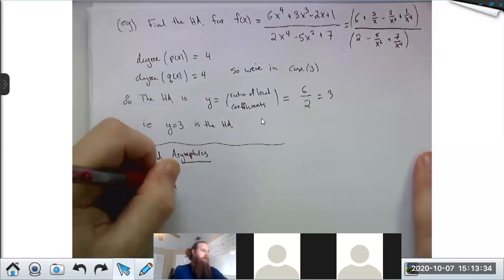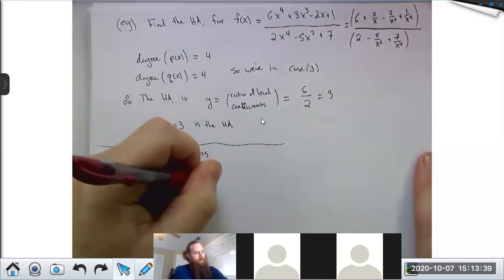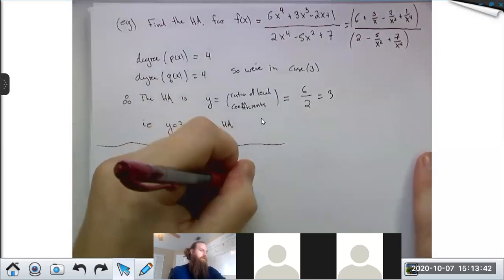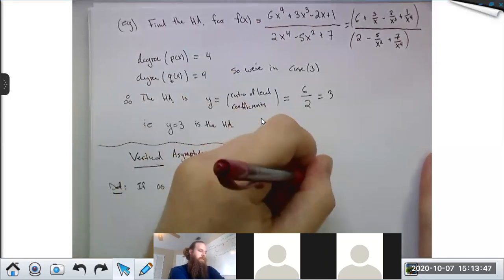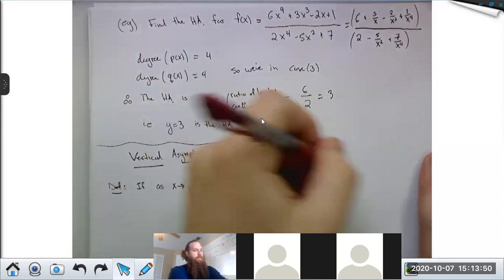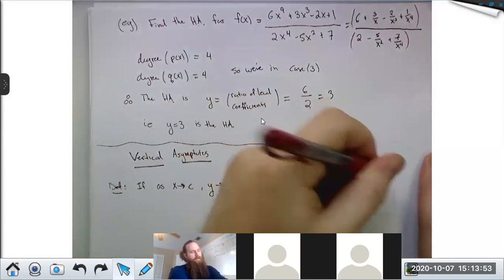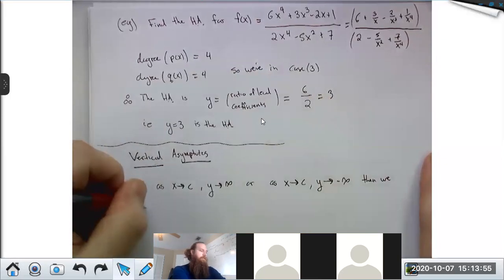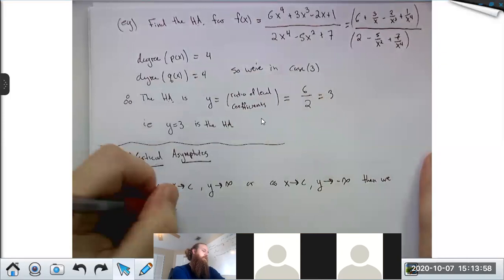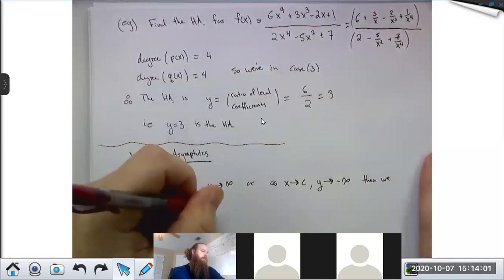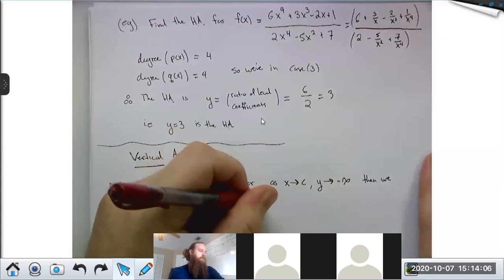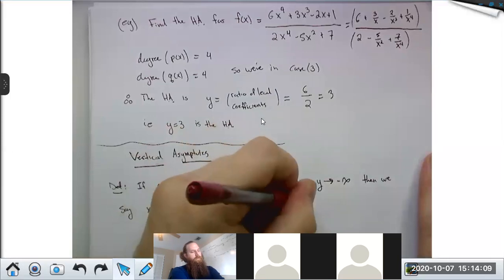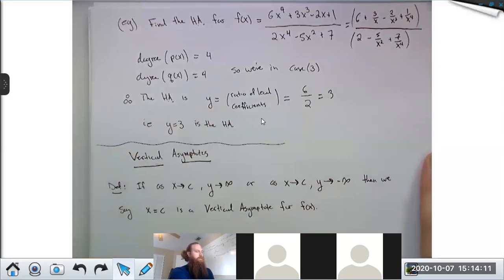If, as x goes to some number c, y goes to infinity, or as x goes to some number c, y goes to negative infinity, then we say that the vertical line x equals c is a vertical asymptote for the rational function f of x.